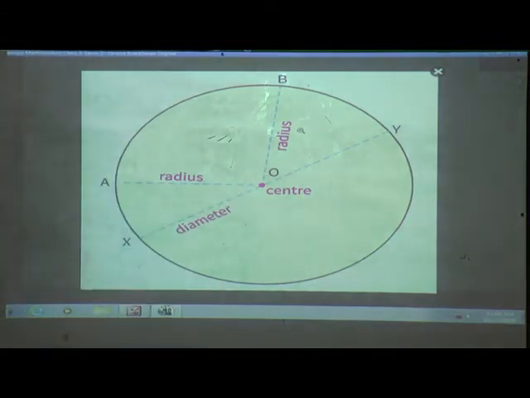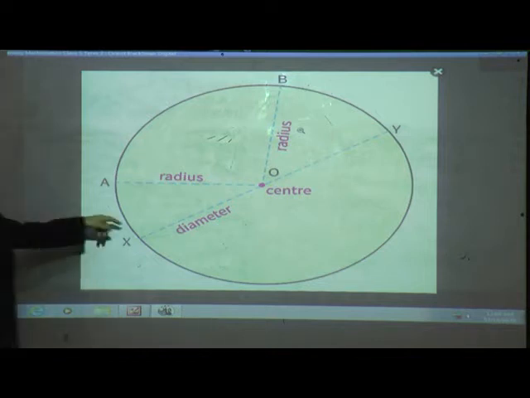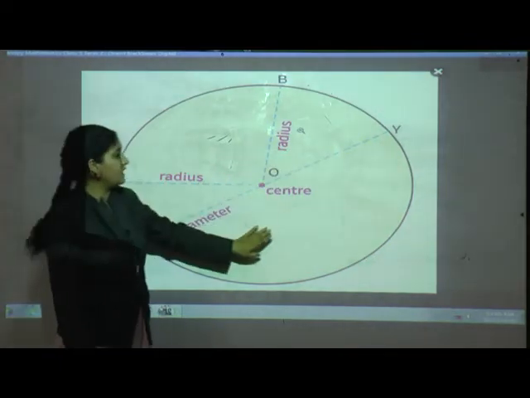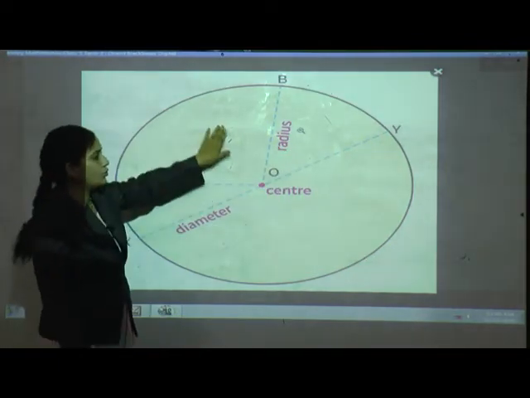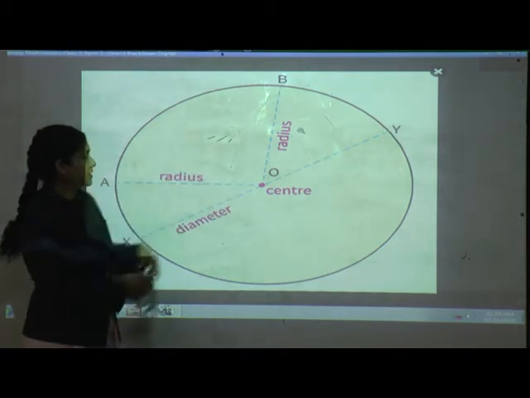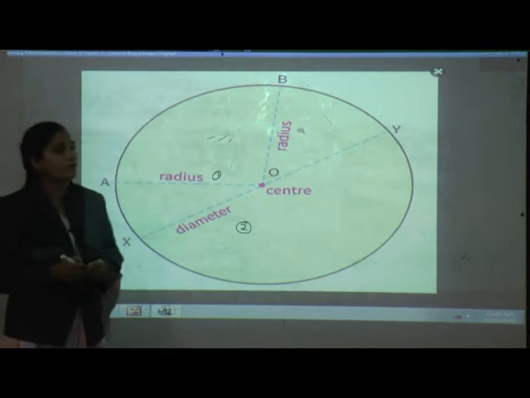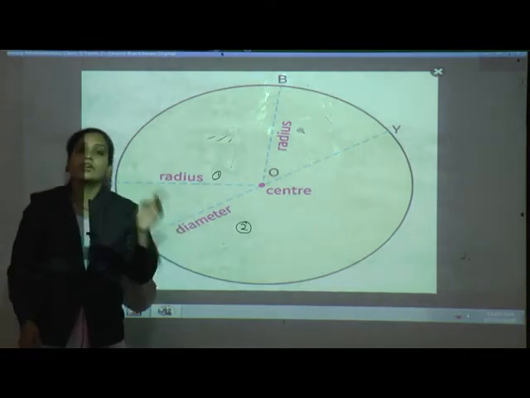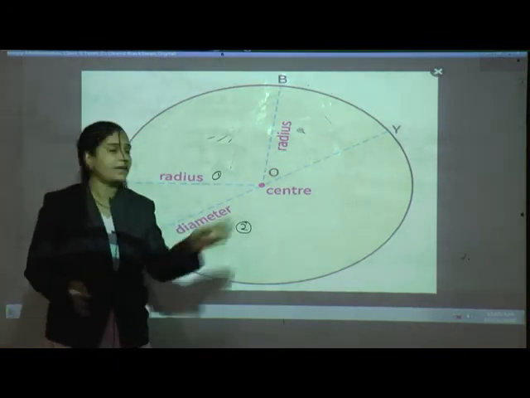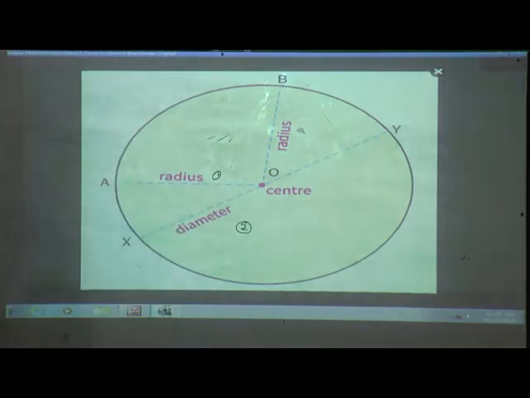The diameter of a circle divides the circle into two equal parts. See, this diameter divides the circle into two equal parts. This one is the first part and this is the second part. So like radii, you can draw infinite diameters. How? I will show.